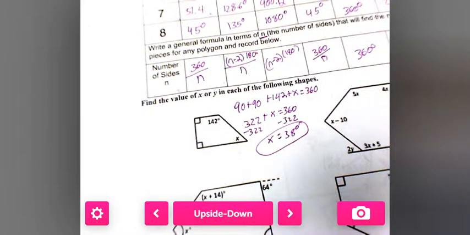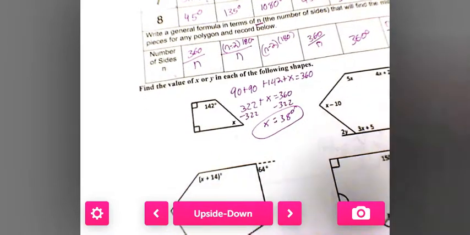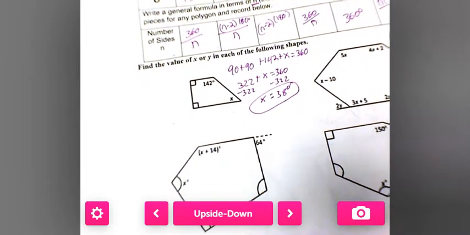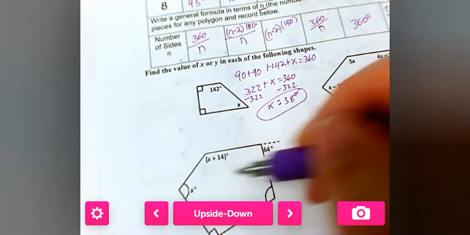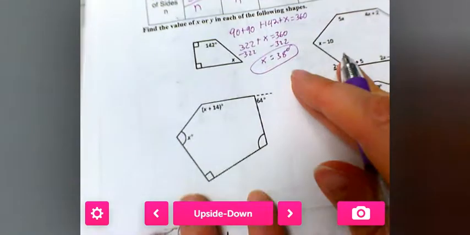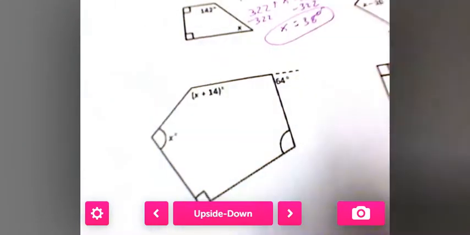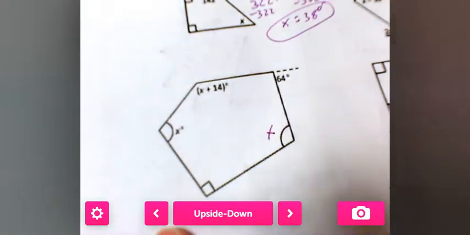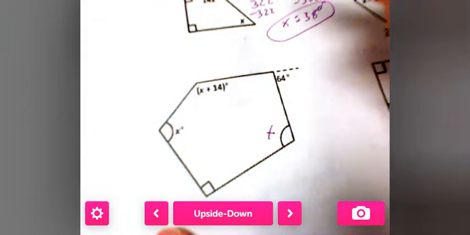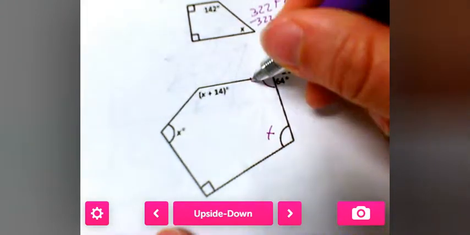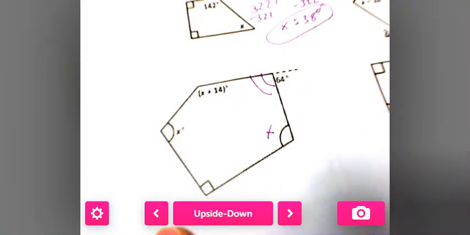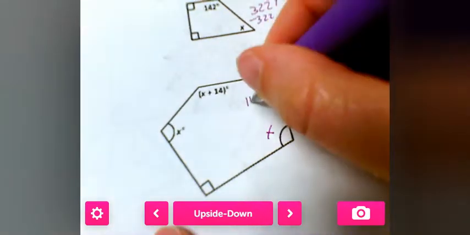Let's look at the one right below it. If this is x and this has the same arc right here, that's also what? X. That's telling me it's 90. How do I figure out what this angle is in the inside right here? 180 minus 64, that gives me 116.